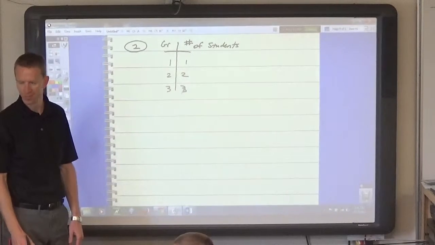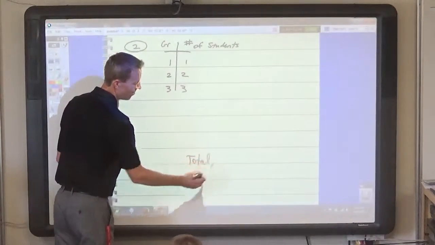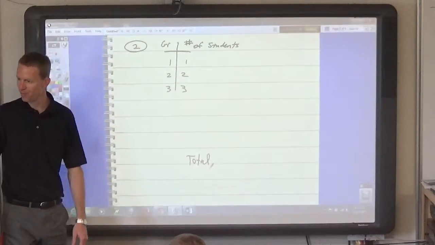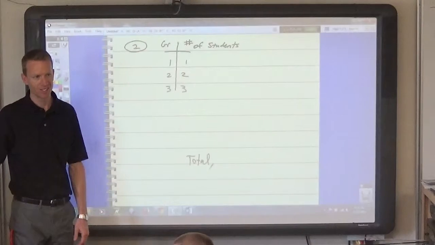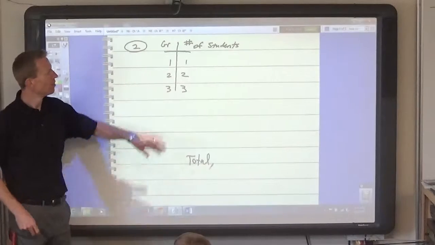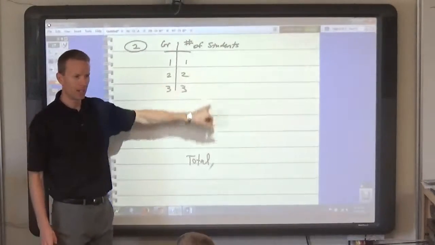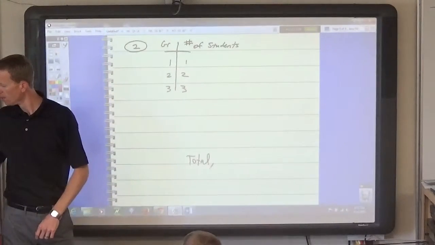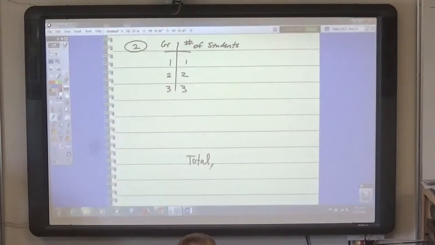Reese? How would we find the total? Add them up. Yeah, that makes sense. Add them up. Good. So just by recognizing the pattern, you can figure out what to do. Okay? Any questions on inductive reasoning or finding patterns?